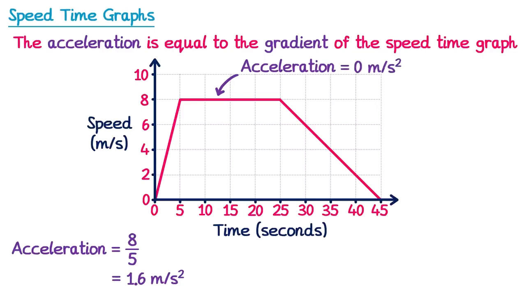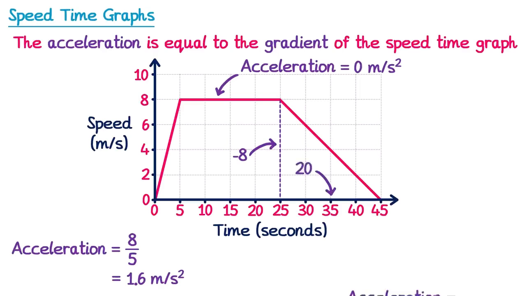Now let's look at the final section of the race. Here we're going to draw a gradient triangle again. The change in y is this part here, which goes from 8 all the way down to 0, so that's a change of -8. And the change in x is this part here, which goes from 25 to 45, which is a change of 20.